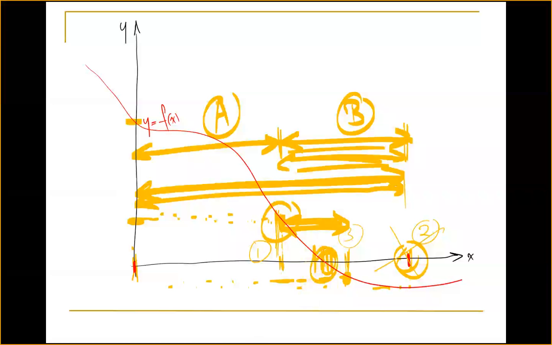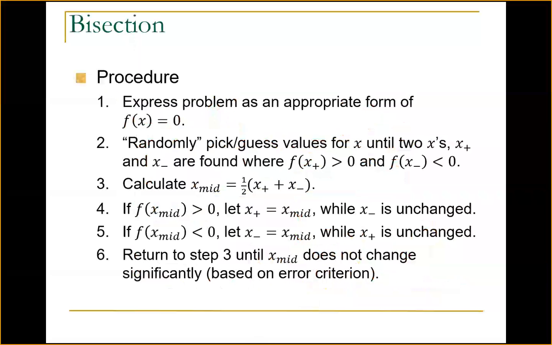I'm going to give you a few exercises in MATLAB so you can learn some of the little tricks. Alright? So it's all here. You have your function in the root form. What you're going to do is pick a value for x and find the function. Make sure that your initial two x's, one will give you a positive and the other one gives you a negative. Okay?